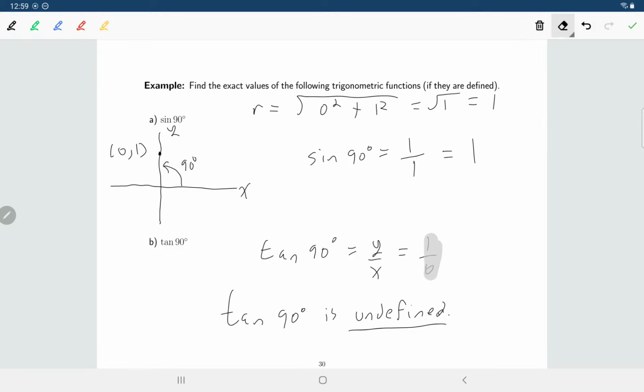So there we go. This is our first example of a trig function not having a value for a particular angle. So for 90 degrees, tangent would be undefined, and the reason it's undefined is because tangent is y divided by x, and since x is 0, we're dividing by 0, that's undefined.